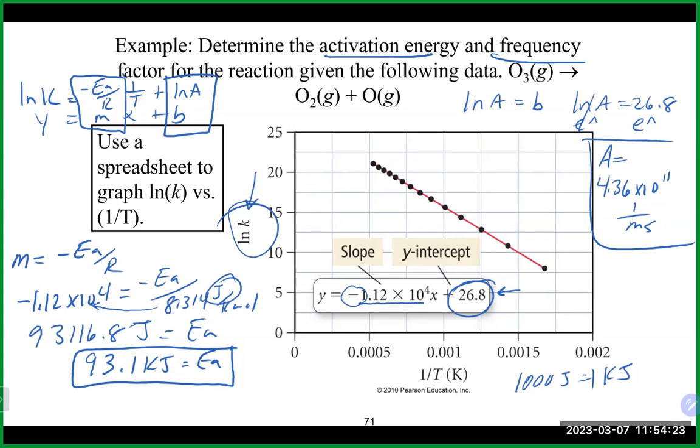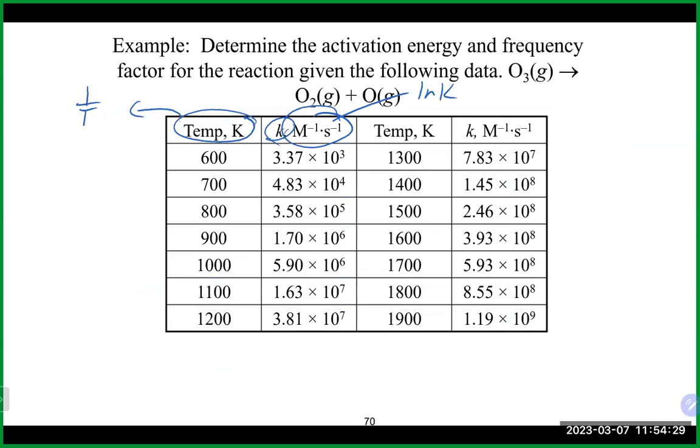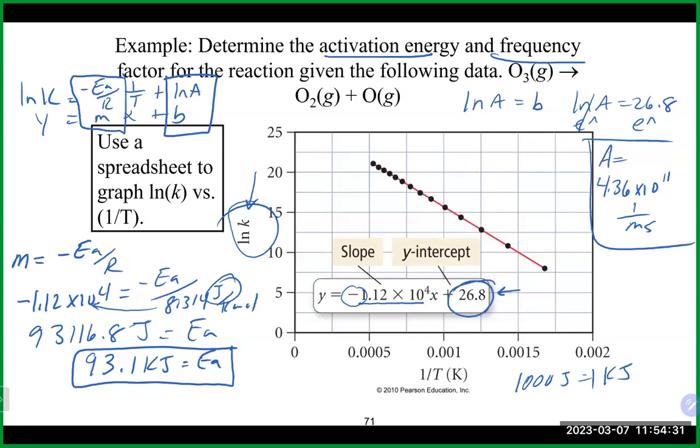So the typical units of frequency factor, when you solve it from a graph, will usually end up being the same as the rate constant units. And that's really because if you follow this line, the y-intercept crosses the y-axis. So basically what you're looking at is the natural log of k. So when we do this e of it, the natural log goes away and it kind of reverts back to the same units at that point.